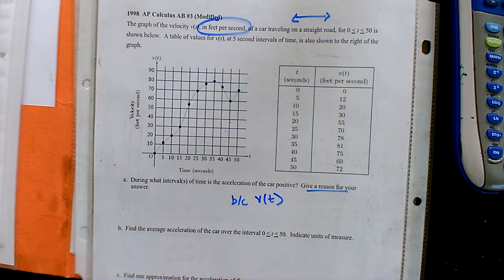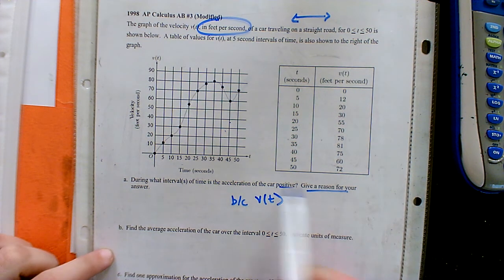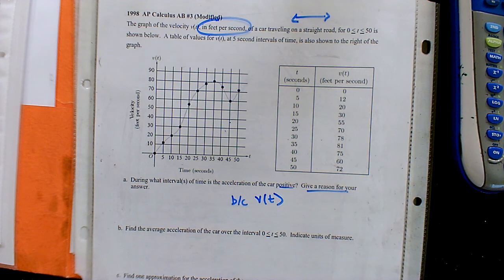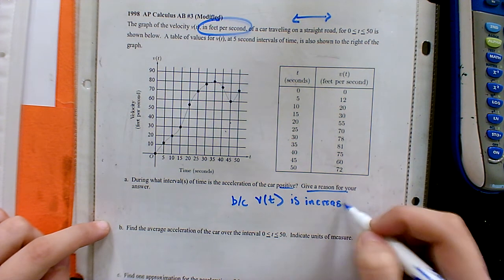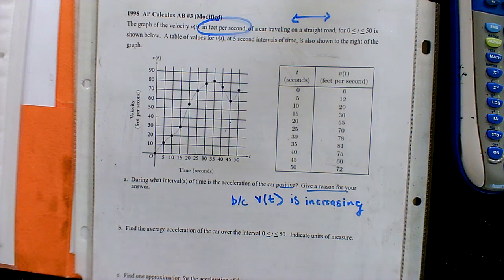What does velocity have to do in order for acceleration to be positive? Increase. Okay, if velocity is increasing, its slope, aka acceleration, is positive. We have those connections between derivatives and originals. We're just throwing in acceleration, velocity, and position as words. So based off of either the graph or the table, can we figure out where velocity is increasing?